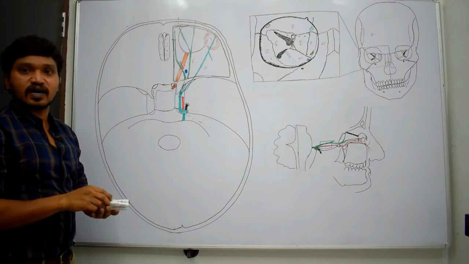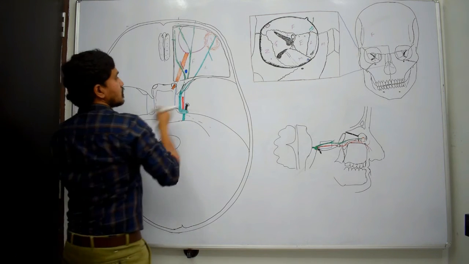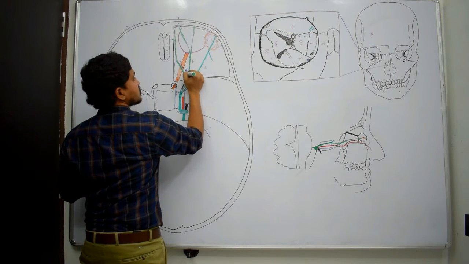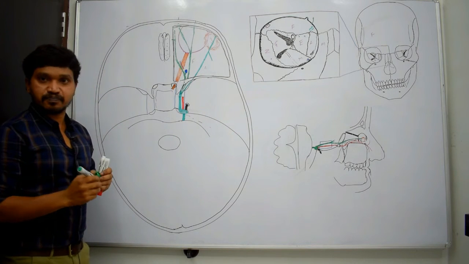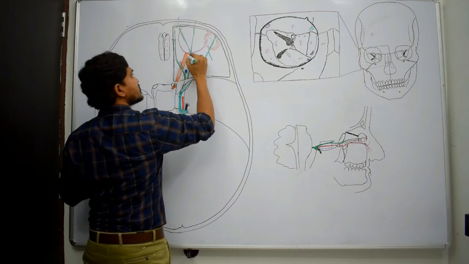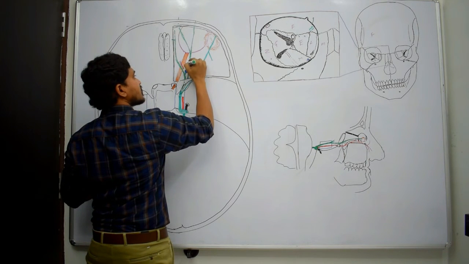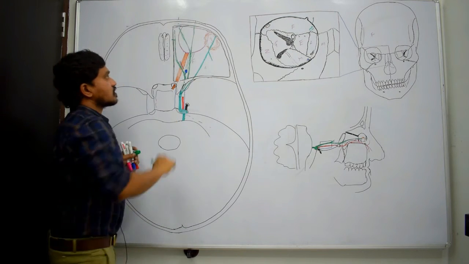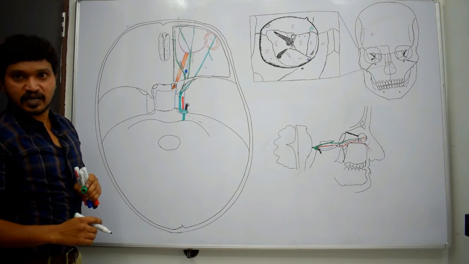To the ciliary ganglion, it will give one communicating branch, that is actually a sensory branch, the branch to the ciliary ganglion, right? Of course, we know from the ciliary ganglion, short ciliary nerves arise. Those short ciliary nerves pierce the sclera, that we have discussed already in the last session. So these are short ciliary nerves from the ciliary ganglion.